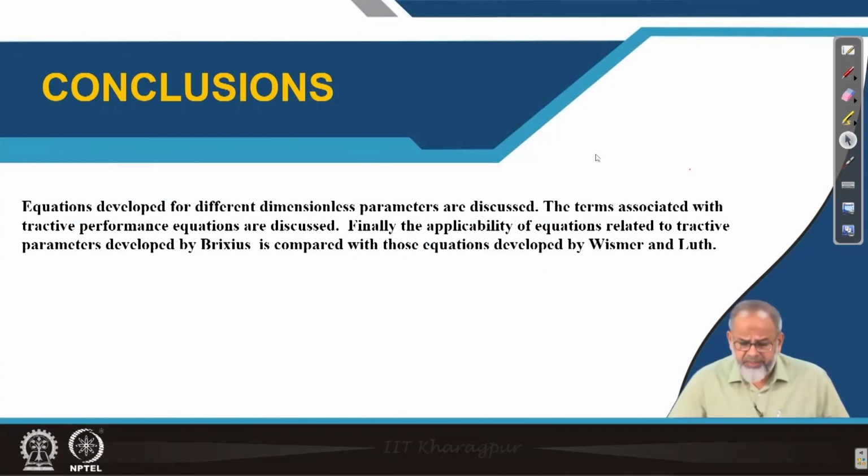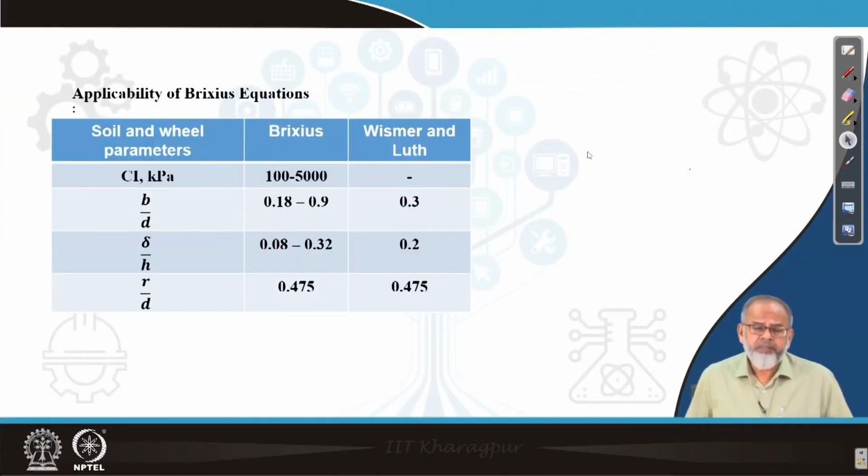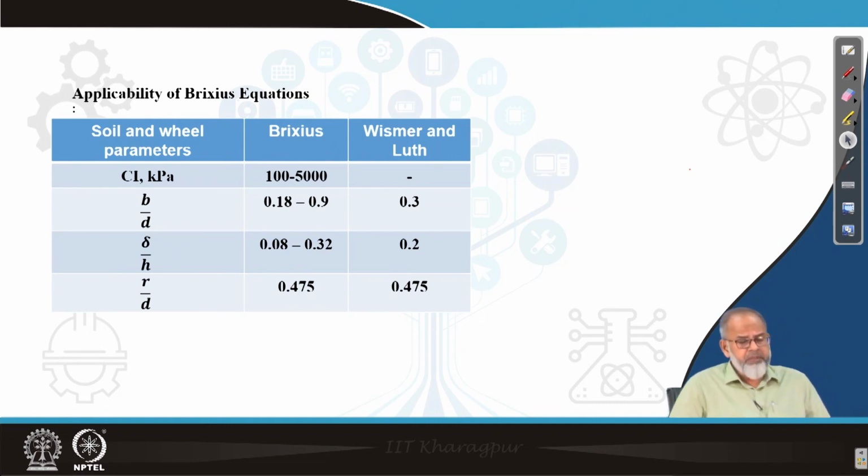One more thing I would like to add here is that these two sets of equations, from Brixius as well as Wismar and Luth, were both developed for bias ply tires. The applicability of these equations to radial ply tires is not known.